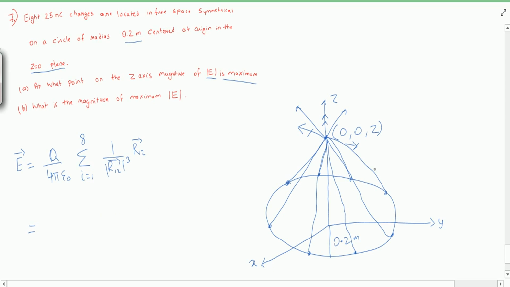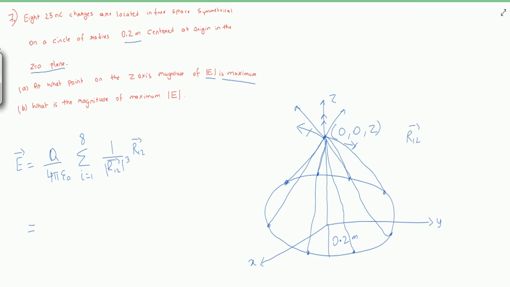So what I can take is r1 as r12, r12 equals field location minus source location for all of them. So suppose this is rho and some value of phi, and the z value will be 0.